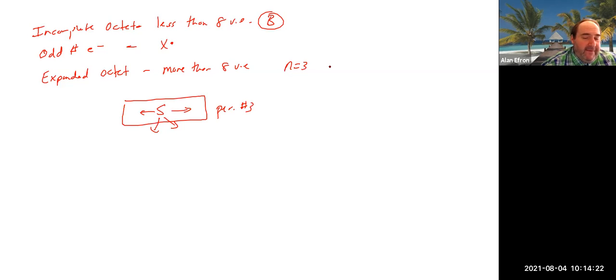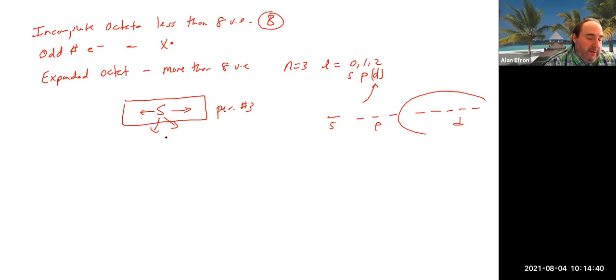Because n is 3, that means l can be 0, 1, or 2. That means we can have an s, a p, or a d orbital. It is the availability of d orbitals that gives them some extra room to house those extra electrons.